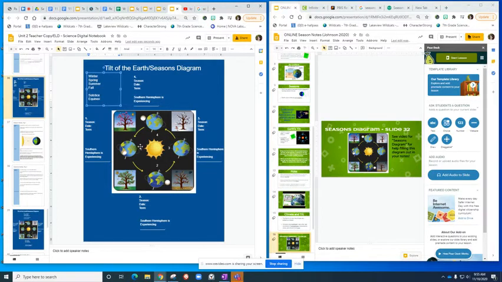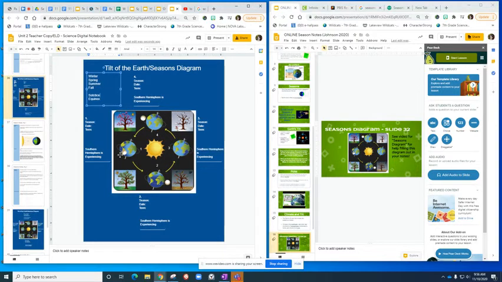So that's going to produce warmer weather. So what does that mean for the season? Since the northern hemisphere is tilted toward the sun, receiving more direct sunlight, this is going to be summer. So you'll want to write here in the season, summer.